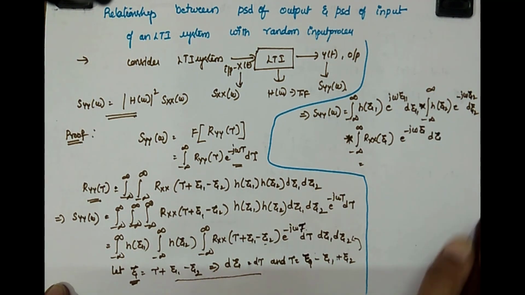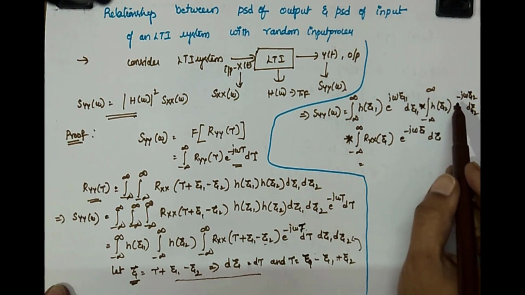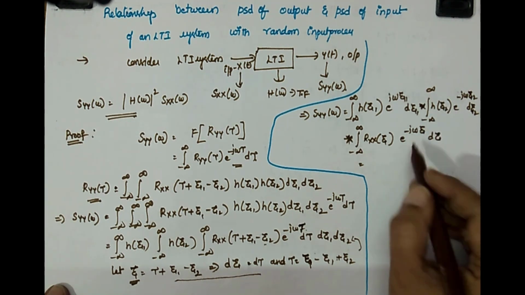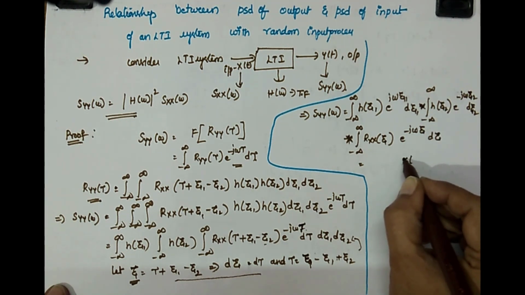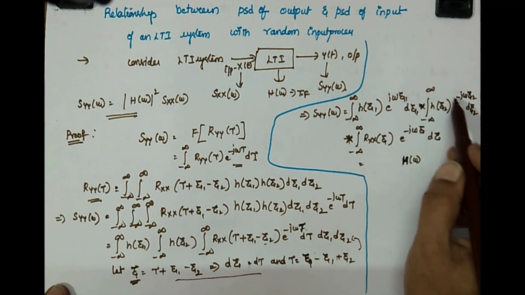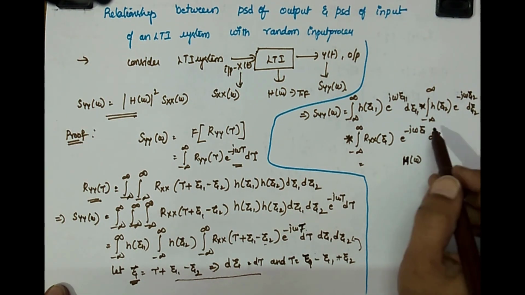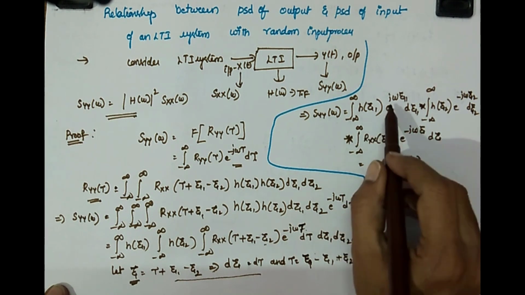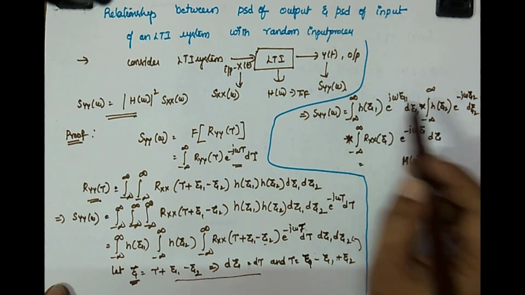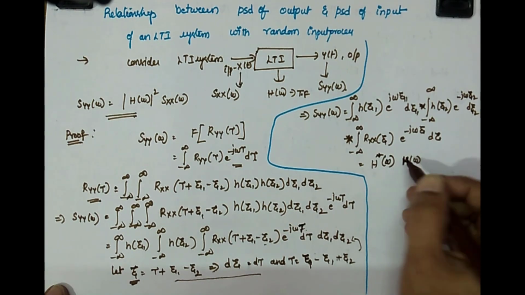Now the second term is the Fourier transform, the integral from minus infinity to infinity of h of delta 2 into e power minus j omega delta 2 d delta 2, so it is h of omega. If you observe the first term, as the sign is positive, it will be h star of omega.